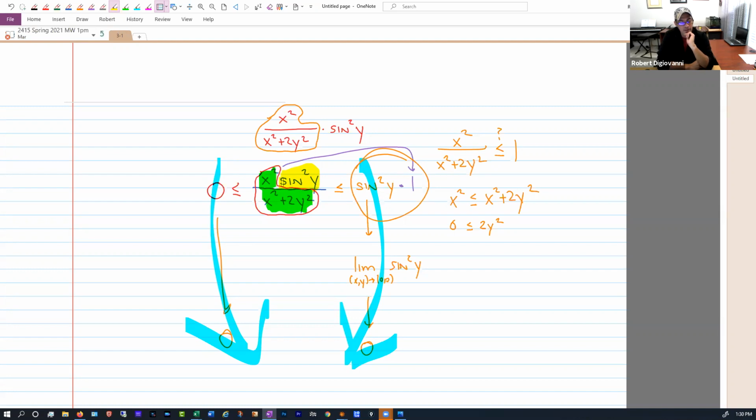So if you can look at the rest of it and somehow get control over it, like we did here, we got control over that piece, then that would seem like the path to go down. Yeah. So have fun with those.